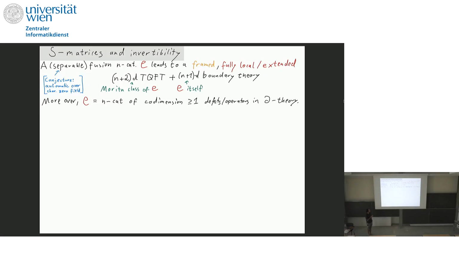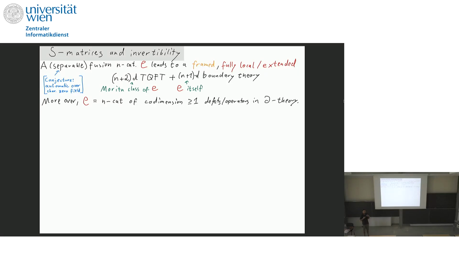If I have a separable fusion n category, this now leads to a framed fully extended or fully local n+2 dimensional TFT with an n+1 dimensional boundary condition. So this just generalizes the situation we've seen before. You should think of this bulk theory as basically remembering the Morita class of C. If you have two things that are Morita equivalent, these bulk theories will be the same.